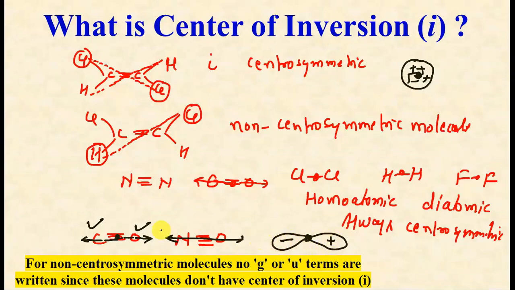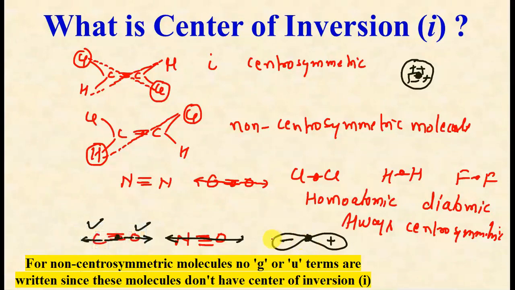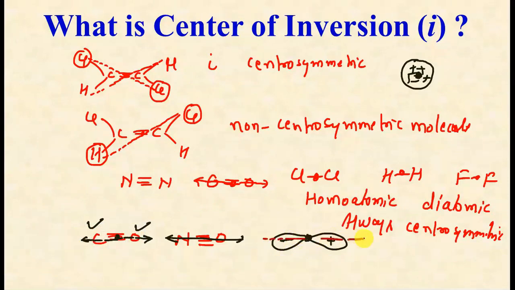So if we pass a line from the center of this orbital, we will not get the similar types of arrangements. So this is non-centrosymmetric. This orbital is also not having center of inversion.